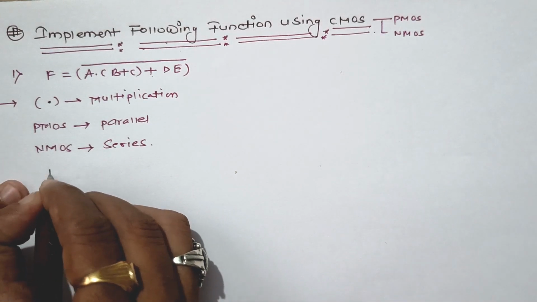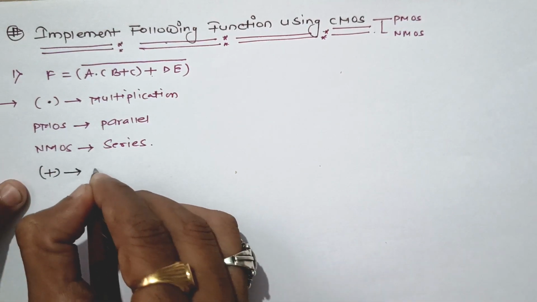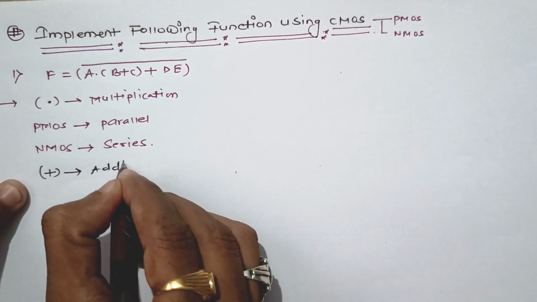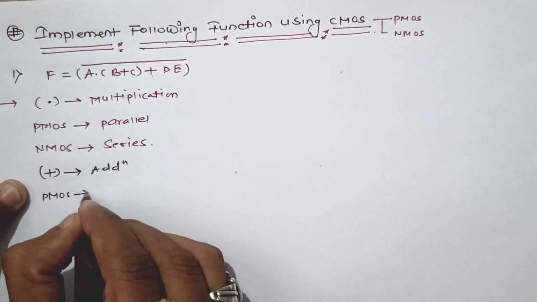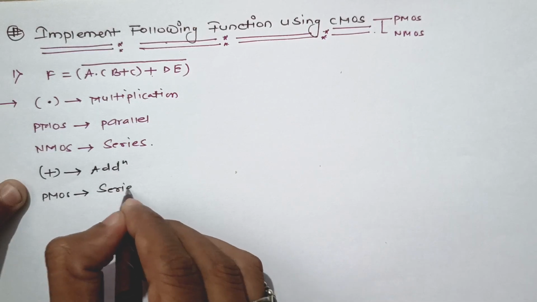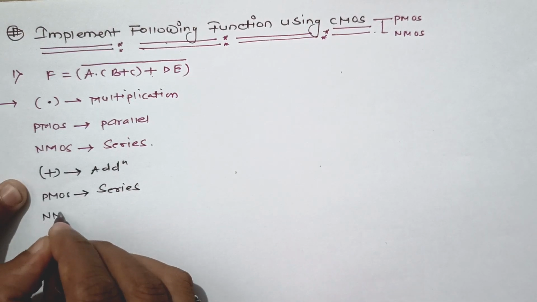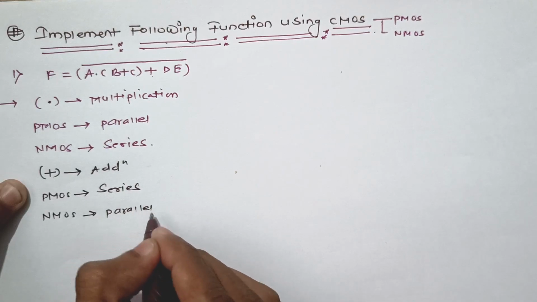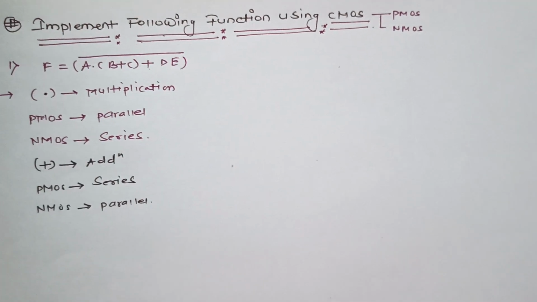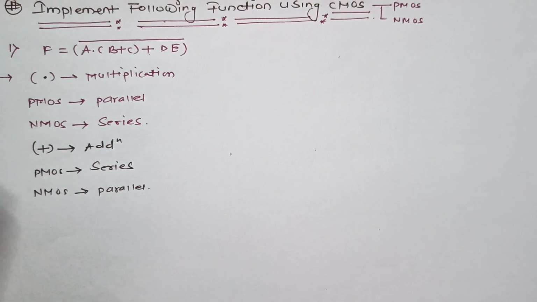The counterpart of this, if we have an addition operator, just reverse it. So in this case, PMOS will be connected in series and NMOS will be connected in parallel. So by using this basic rule, we can implement any Boolean function using CMOS.